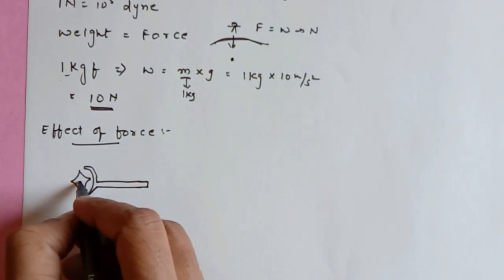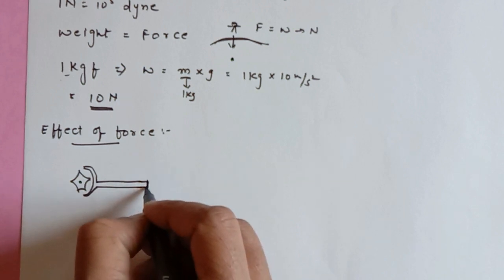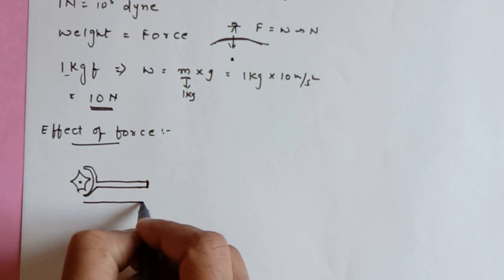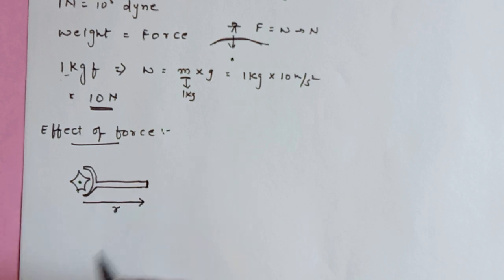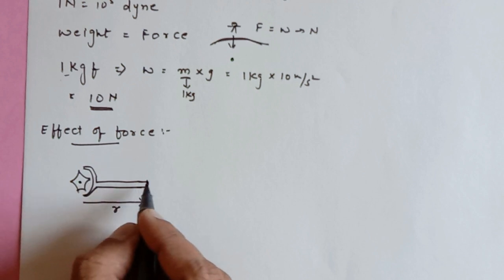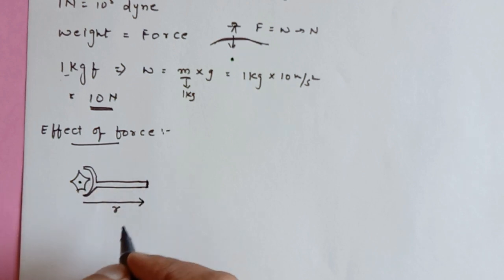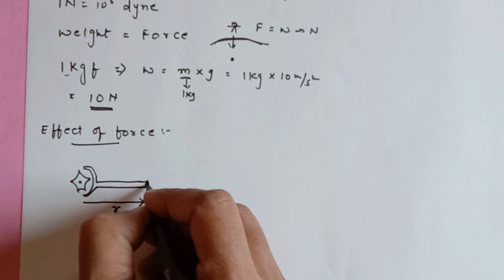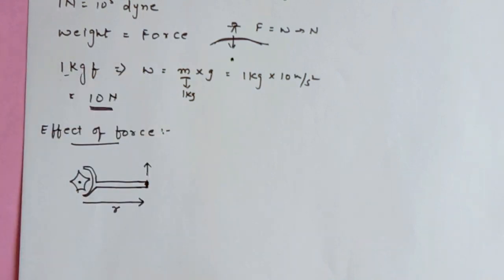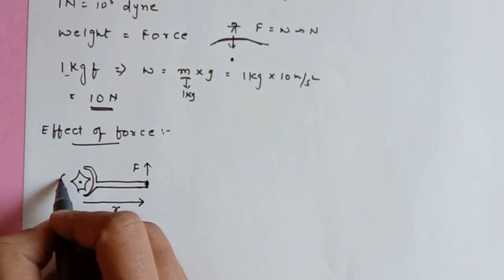The distance from the center of the bolt to the edge, this distance, is r. You can also call this the length of the spanner from the center of the bolt till the edge of the spanner. Now I am going to exert force, say in upward direction like this. So I am exerting force F. Due to this, the bolt is going to turn.